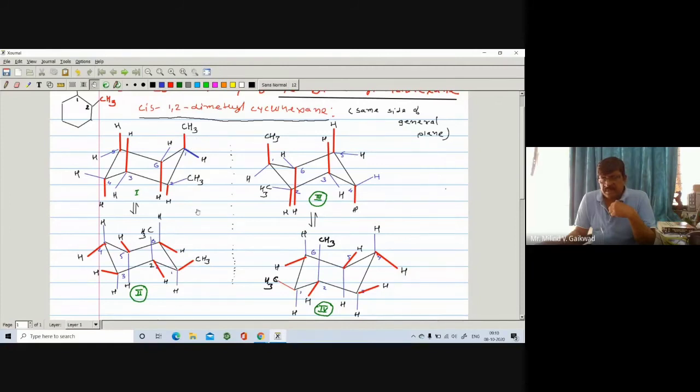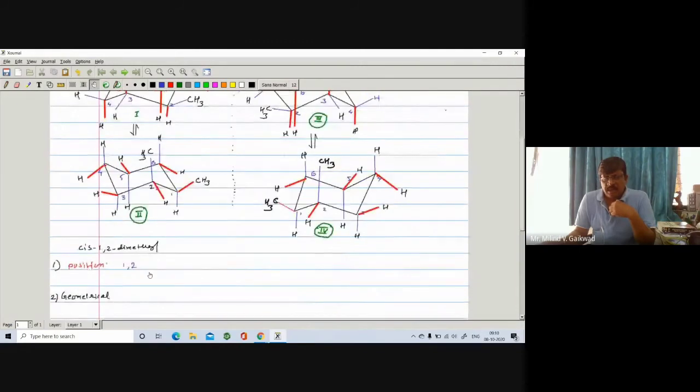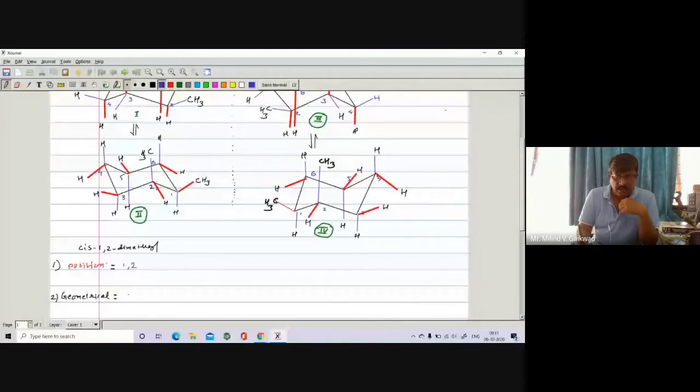So in both cases, the methyl groups are either axial-equatorial or equatorial-axial. Here the position is 1,2, and in geometrical isomerism, if it is axial-equatorial or equatorial-axial, then it is cis-1,2-dimethyl cyclohexane.